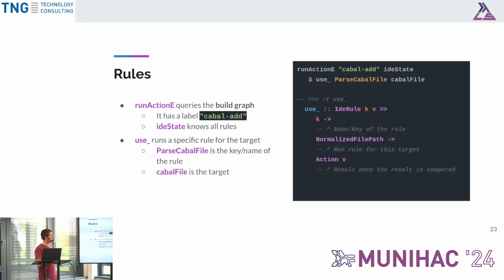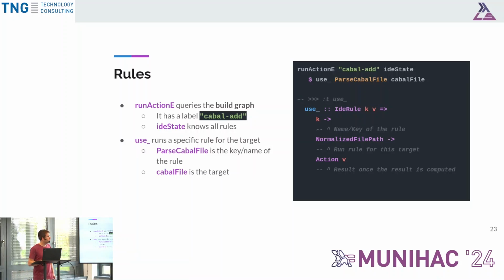So we run the action associated with parse cabal file on this cabal file. Yes, and the underscore means that we are ignoring errors. If there is an error, then we just say propagate error, throw an exception. We can't handle that. There are occasions where we could, but in this particular code action, there's nothing we can do about potential errors.